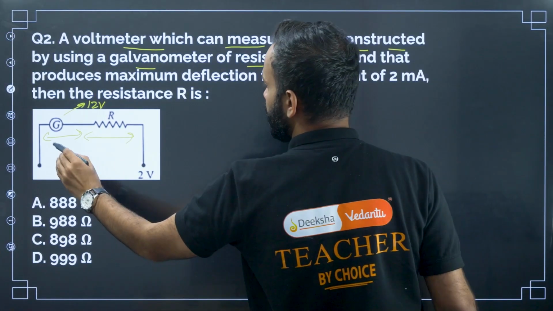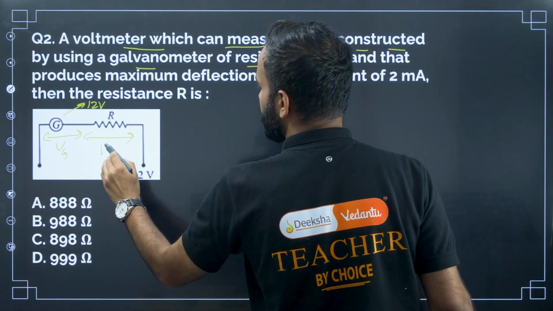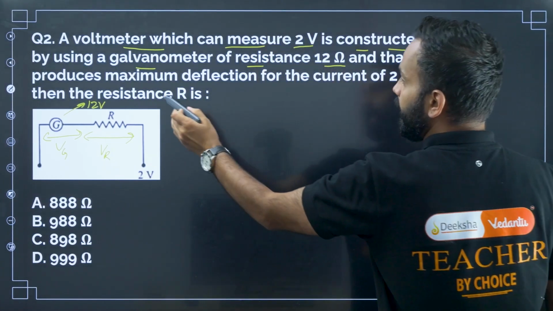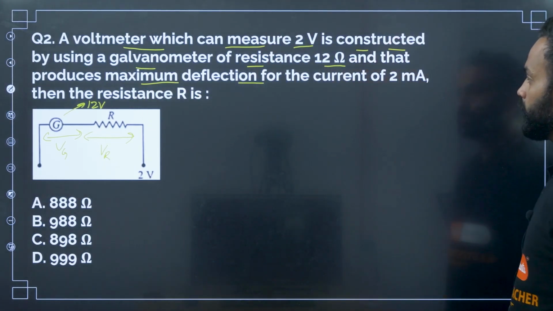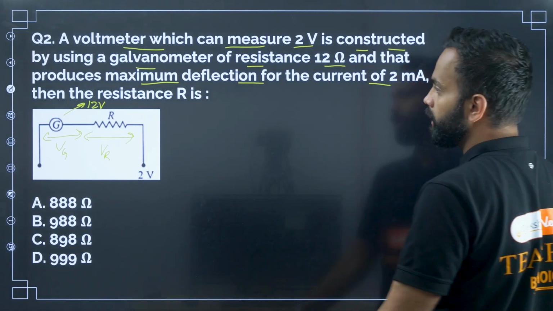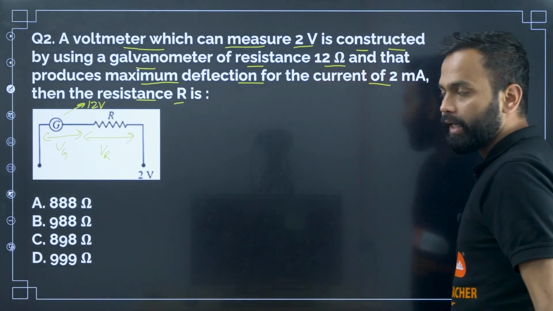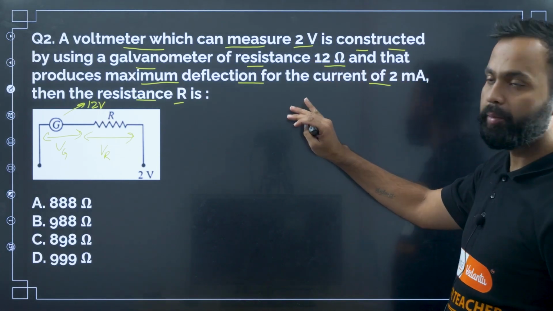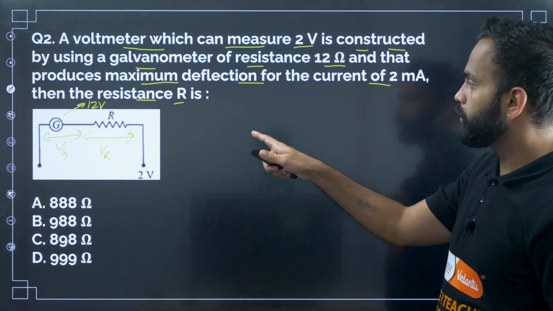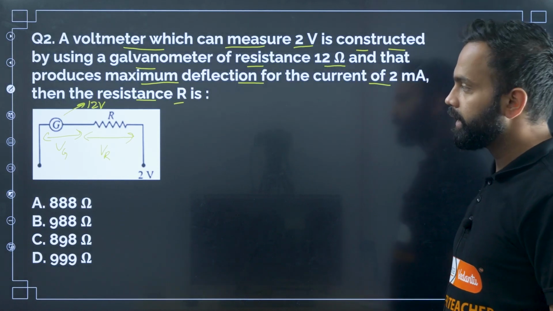It produces maximum deflection for a current of 2 milliampere, then the resistance R is. So the current flowing through the circuit is 2 milliampere.